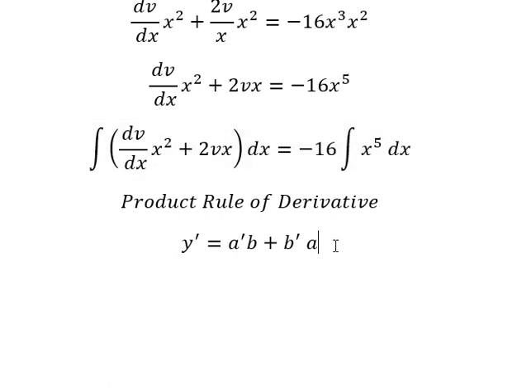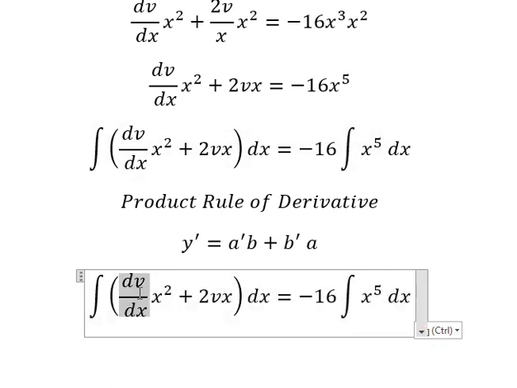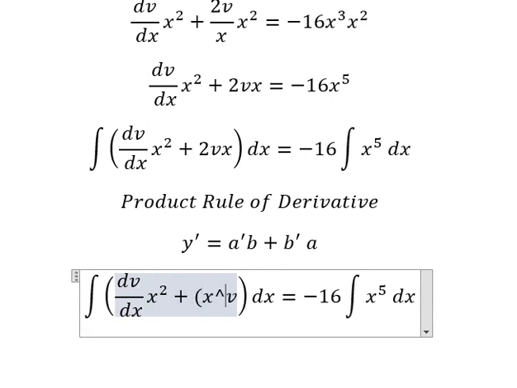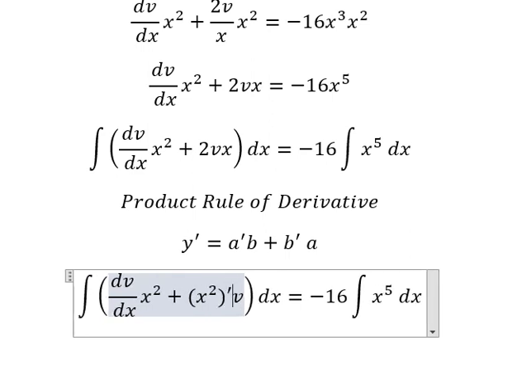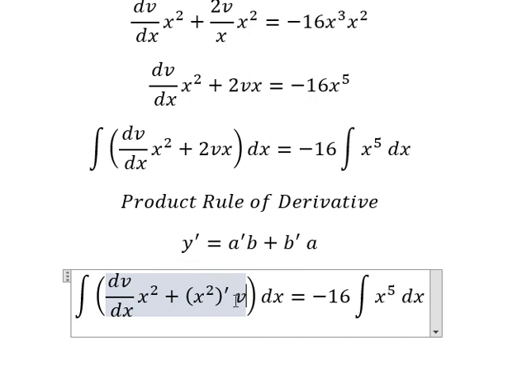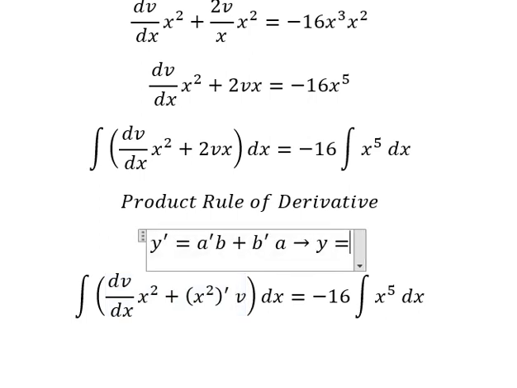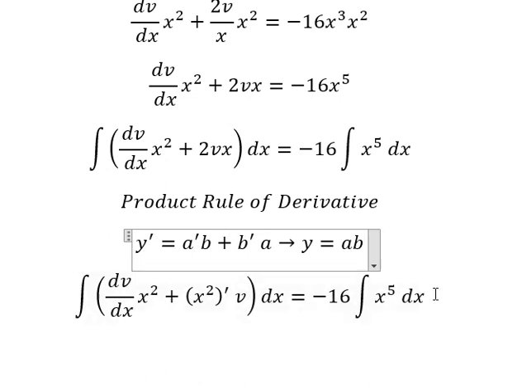So if we look carefully at this one, this is the first derivative of a multiplied by b, number 2 and s. That is the first derivative of s squared multiplied by a. So if we do this integration, we have y equals ab.